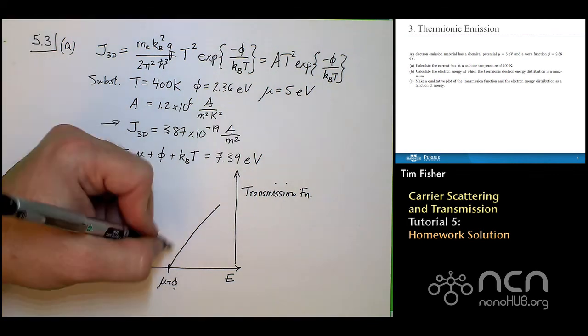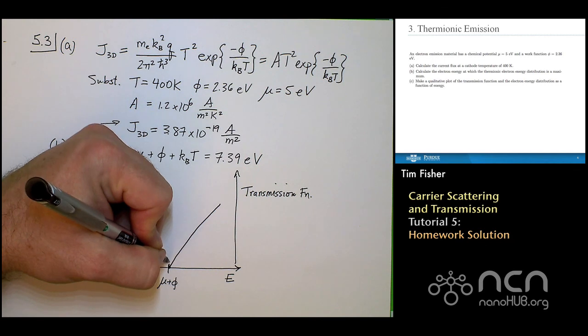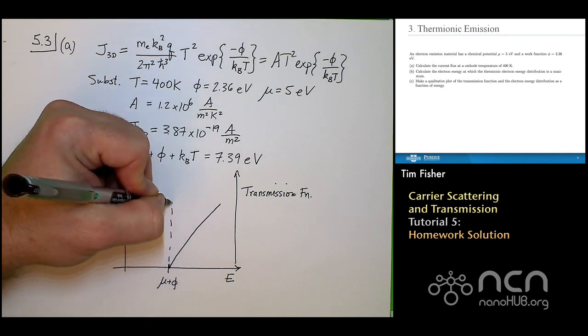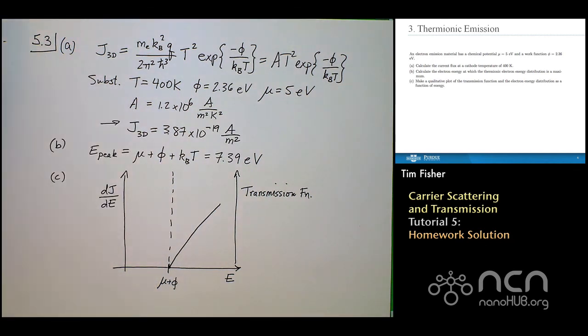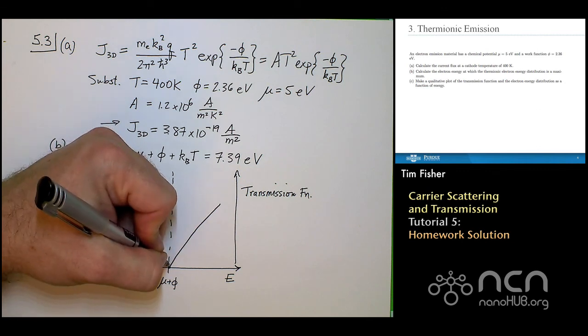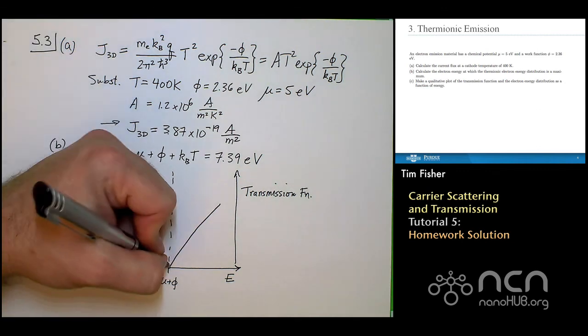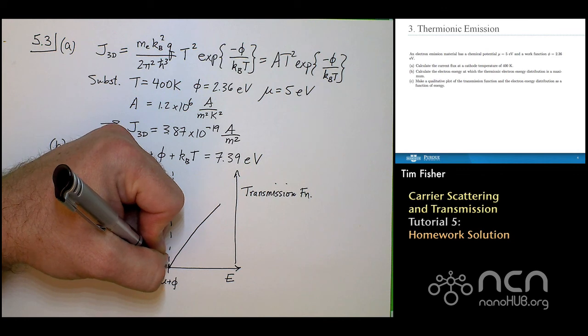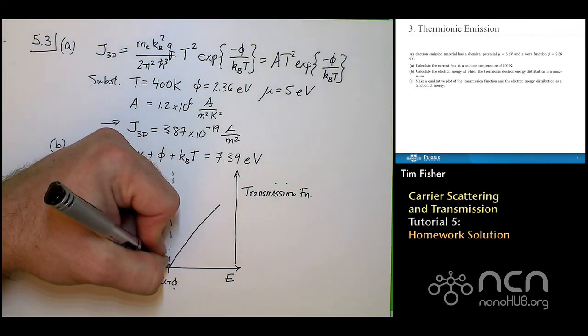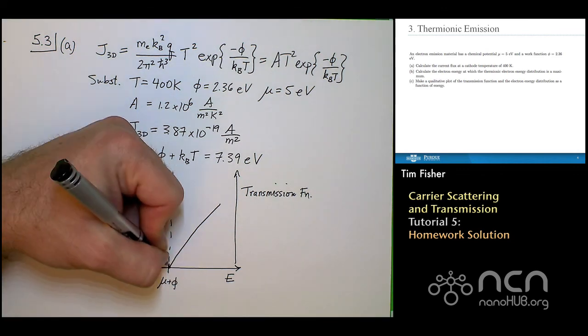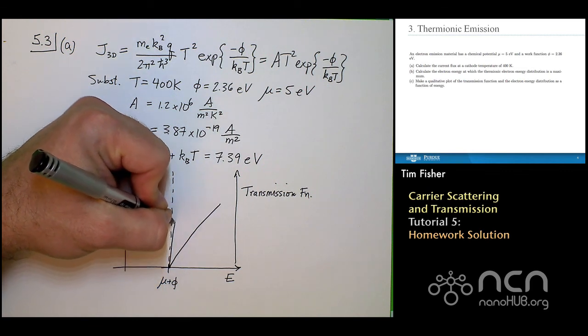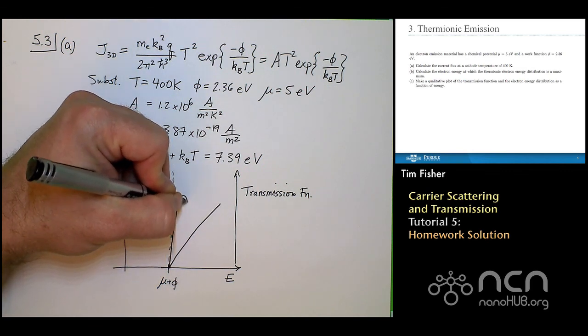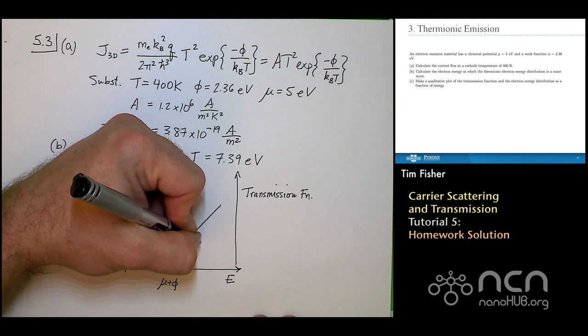And the electron energy distribution, so let's just draw this barrier level. That's where the work function is. The electron energy distribution, because the transmission function starts at 0, the energy distribution will also start at 0, and then it will come up pretty quickly to a peak, and then it tails off something like this.